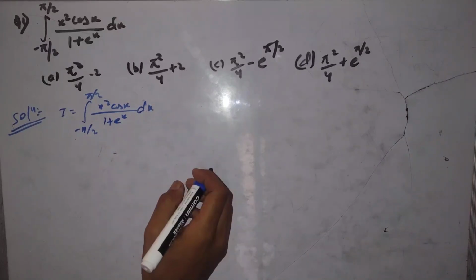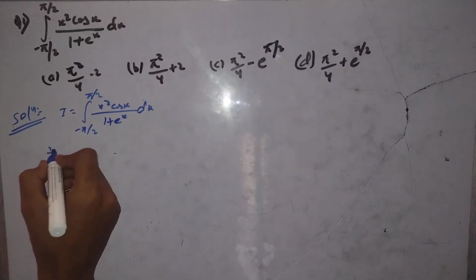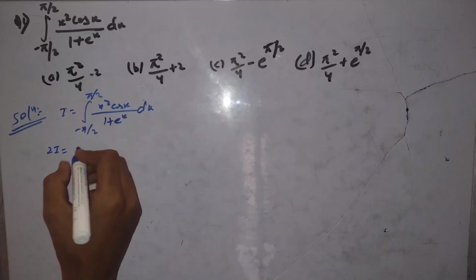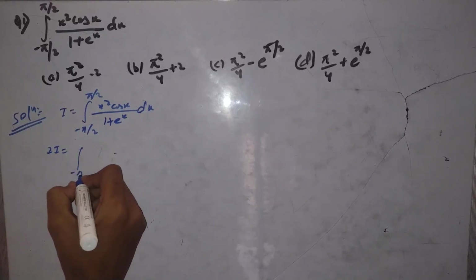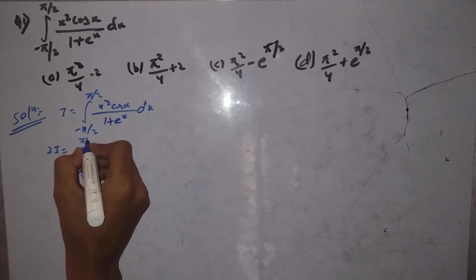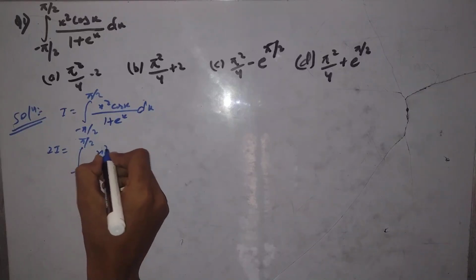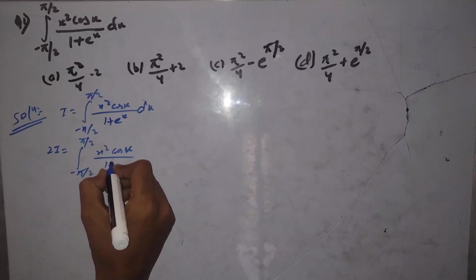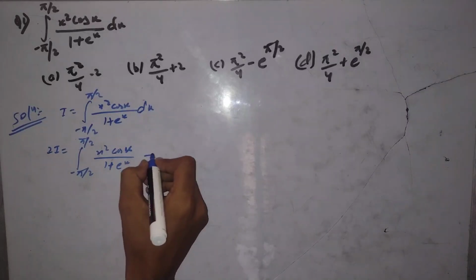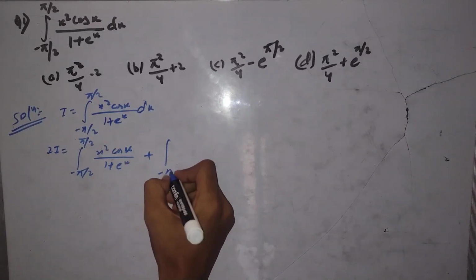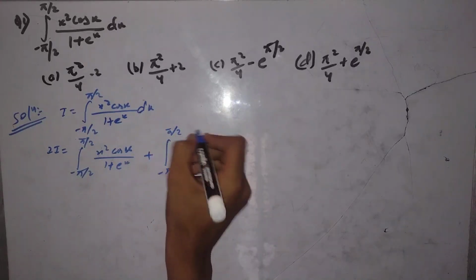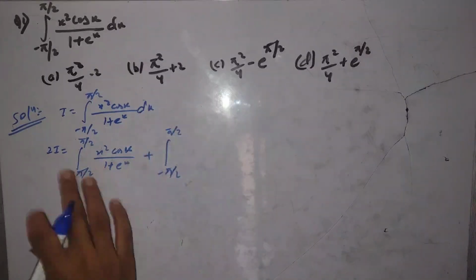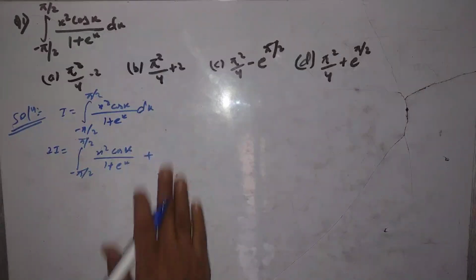If we use King rule, we can write this as 2I, and this 2I equals the integral from minus pi by 2 to pi by 2 of x square cos x upon 1 plus e to the power x, plus the integral from minus pi by 2 to pi by 2, because the limit is the same, so we can simply add it here.